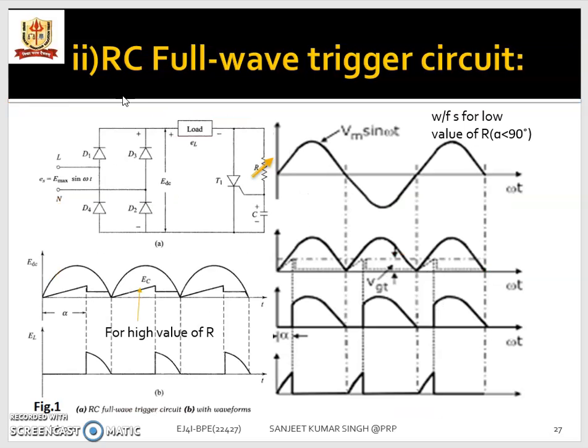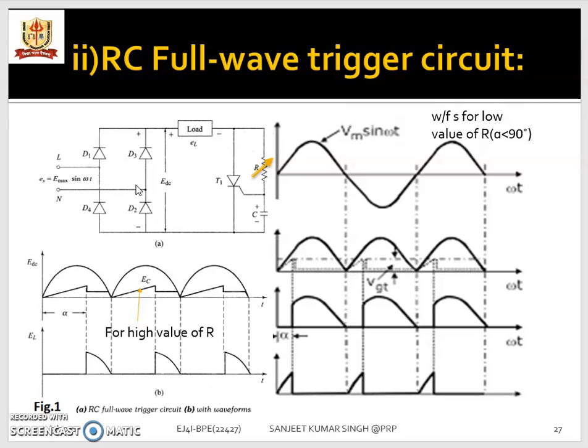Now here we have the second circuit, that is the RC full wave trigger circuit, which makes use of 4 diodes D1, D2, D3 and D4. It is forming a full wave bridge rectifier. So the bridge diodes will conduct for both the positive half cycle and negative half cycle, thus providing gate voltage to the SCR for the positive as well as negative half, and thus doubling the power available to the load.